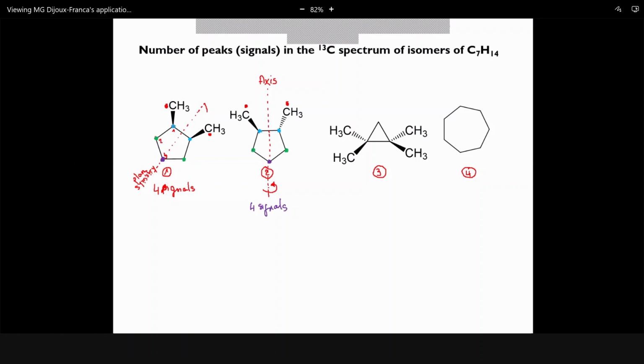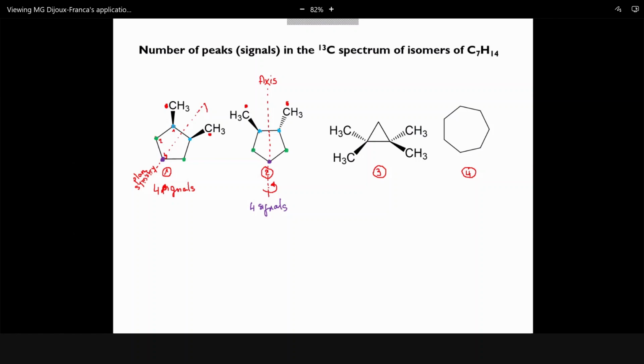Okay. What about molecule 3? Well, could we have the plane of symmetry across the triangle? So we should expect also 4 signals.